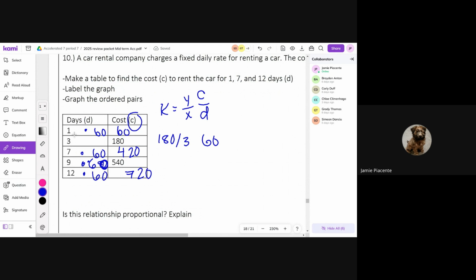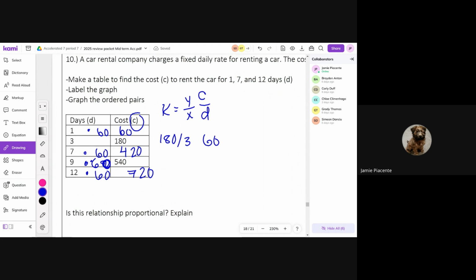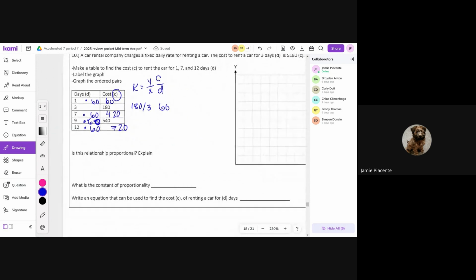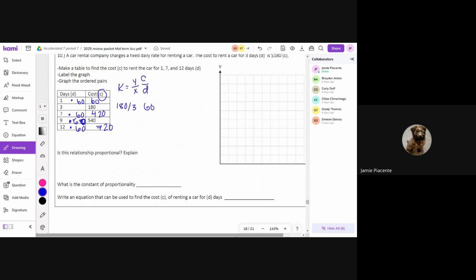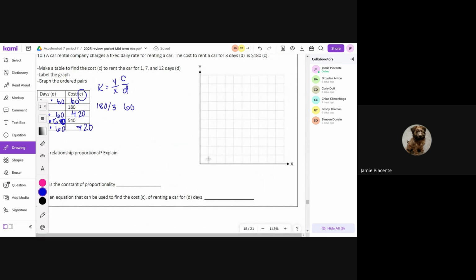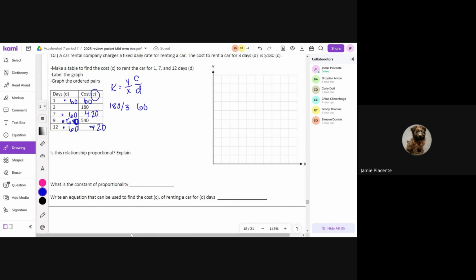Now, these do not go up in a nice order. I need to get to 12. So let's see how many little boxes we got here. 1, 2, 3, 4, 5, 6, 7, 8, 9, 10. Okay, that's not going to work. So most of them are odds. So let's just count by twos.